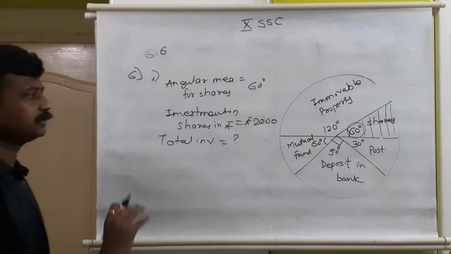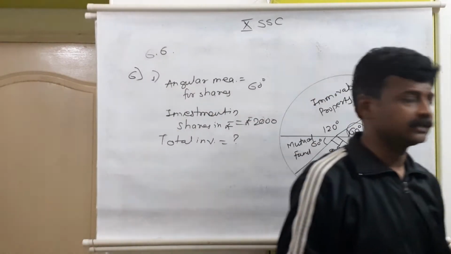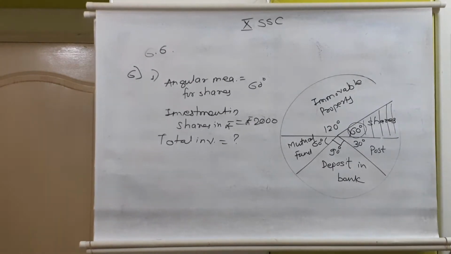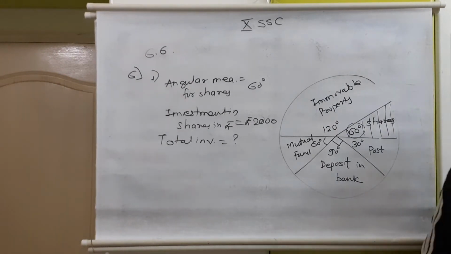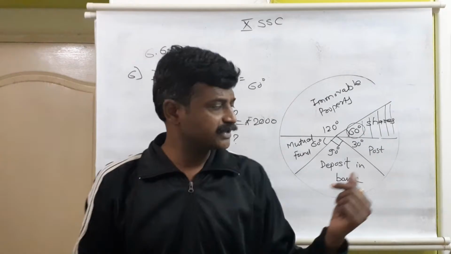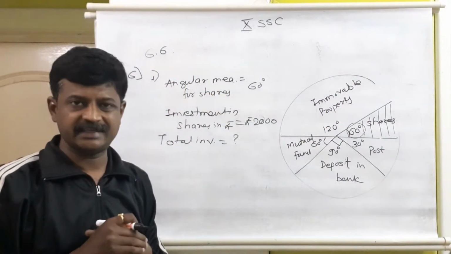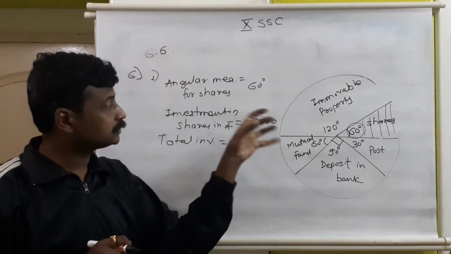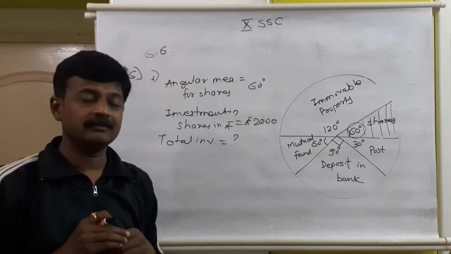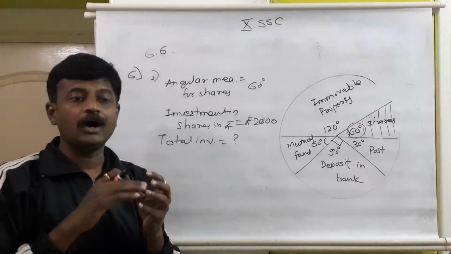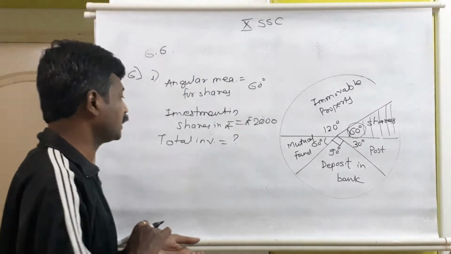Comparatively, we can find it very easily, the same way we convert to percentage at the end of the year or after the exam. Out of 360 degrees, 60 degrees is the share for shares. Then if 2000 is the amount for shares, how much will be the total investment? How can we find it out?